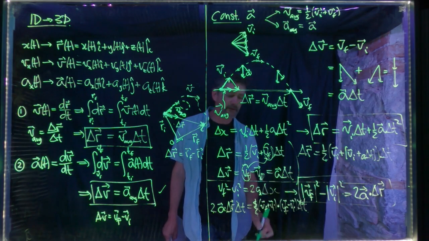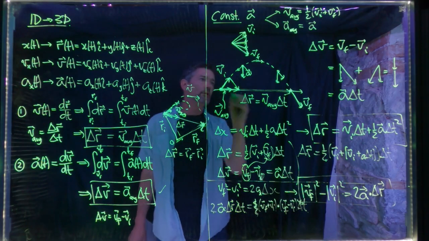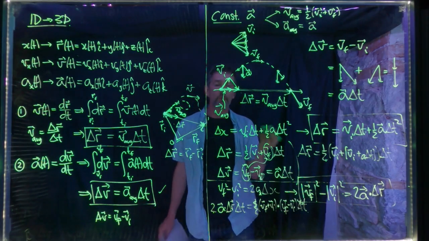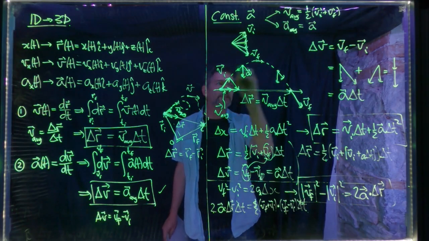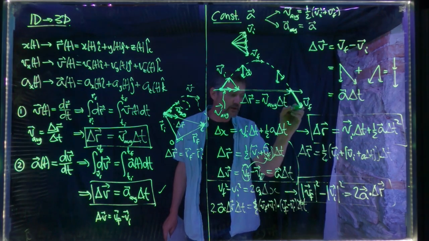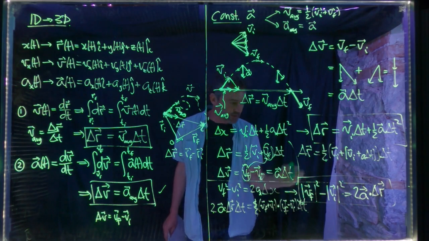Okay? And just as a quick example of that, let me go back to this case over here. So this is kind of interesting. We know just from symmetry that the magnitude of v final, that's the final speed here, is equal to the magnitude of v initial. So in this equation, v final squared minus v initial squared is the square of the speeds.